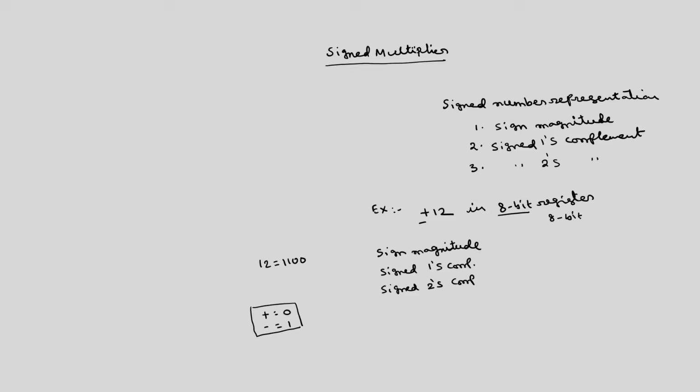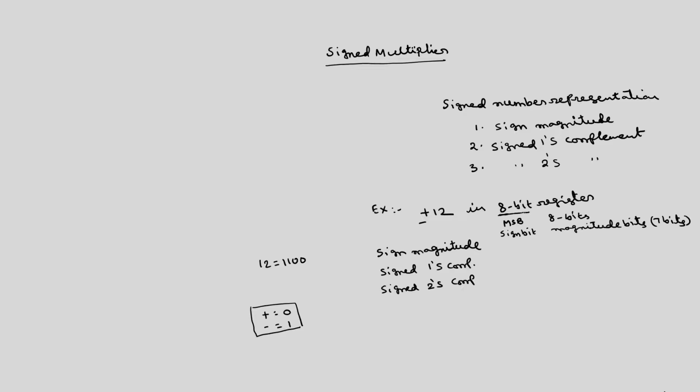Out of these 8 bits, the MSB is called the sign bit. There will be one sign bit, which is the most significant bit, and the remaining 7 bits are magnitude bits.